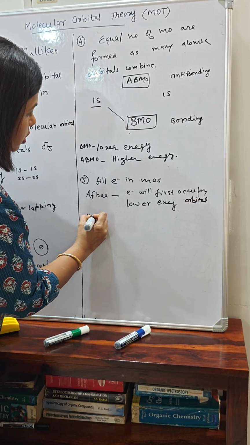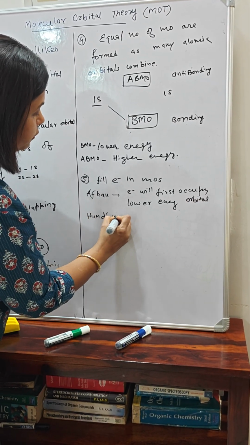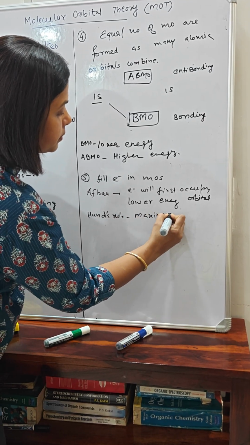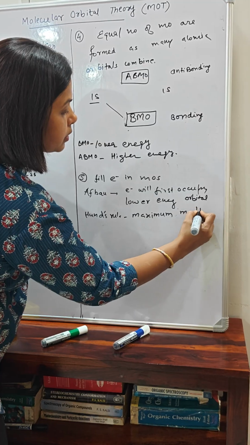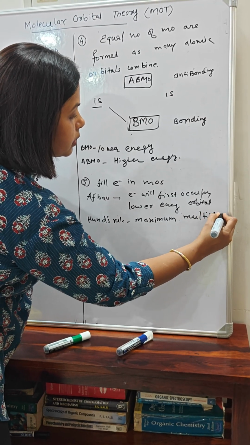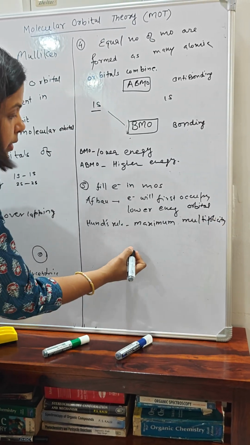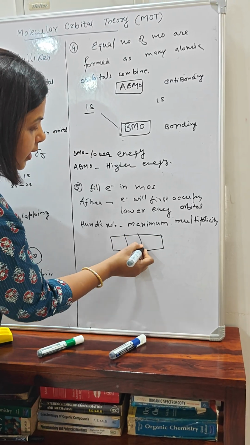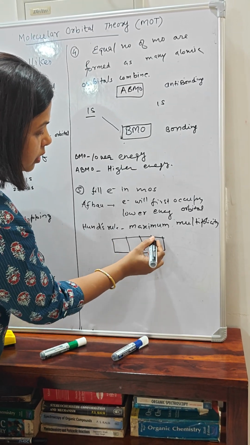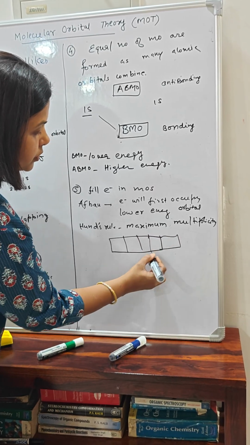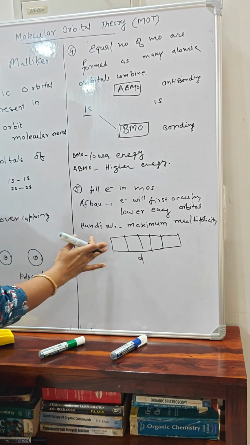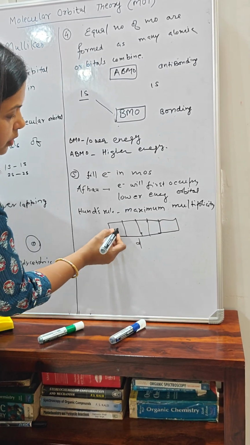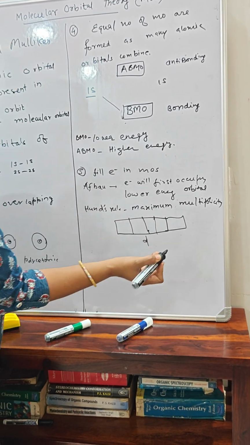Then Hund's rule, which says maximum multiplicity. What does that mean? At the same level, let's say for d orbitals, first all orbitals will have a single electron, then the pairing will start.